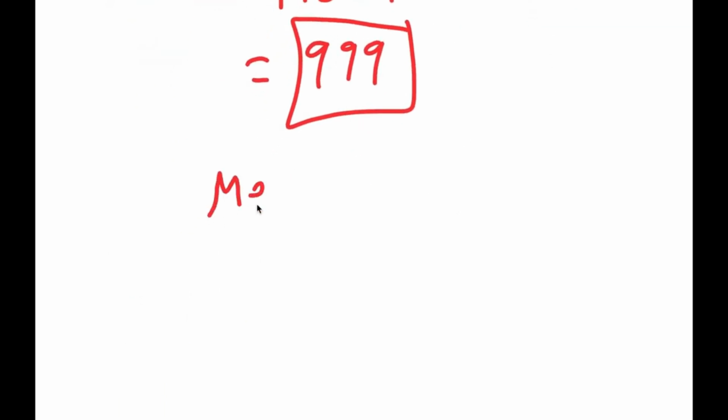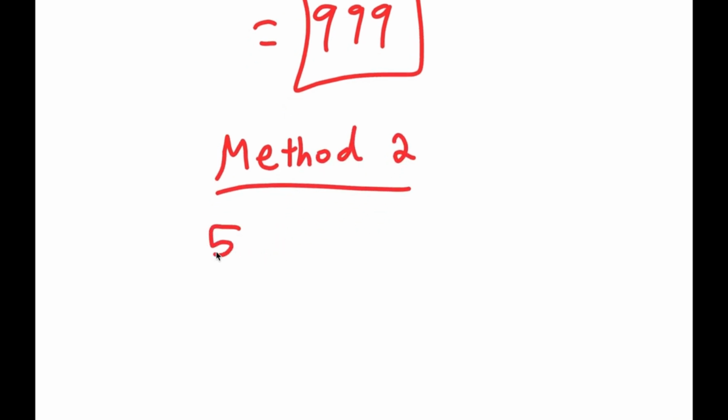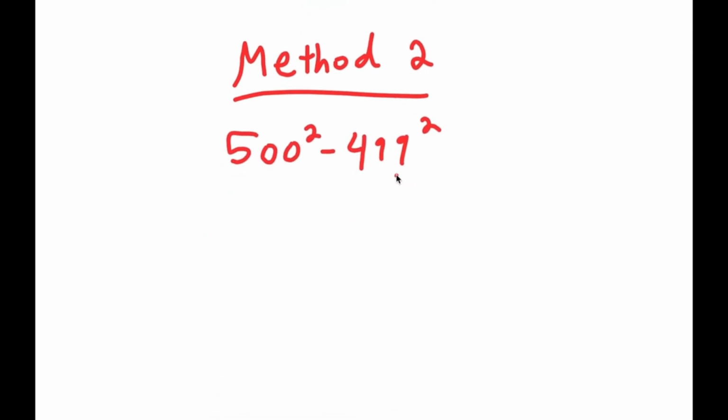Now for method 2, I'm going to rewrite my problem, 500 squared minus 499 squared. And now this time, last time we rewrote 500 squared, right? This time I'm going to rewrite 499 squared.